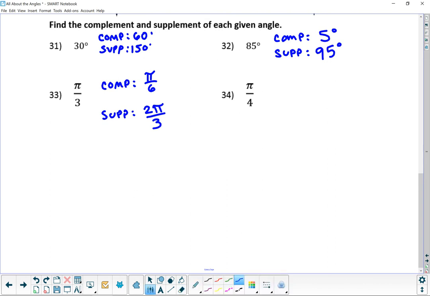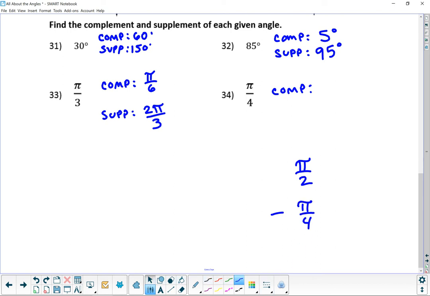Last one, pi over 4. Again, complement. If we were in degrees, we would take 90 and subtract, but since we're in radians, we're going to take pi over 2 and subtract that angle, which is pi over 4.